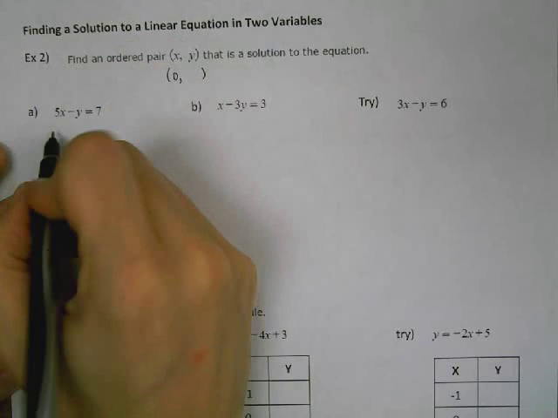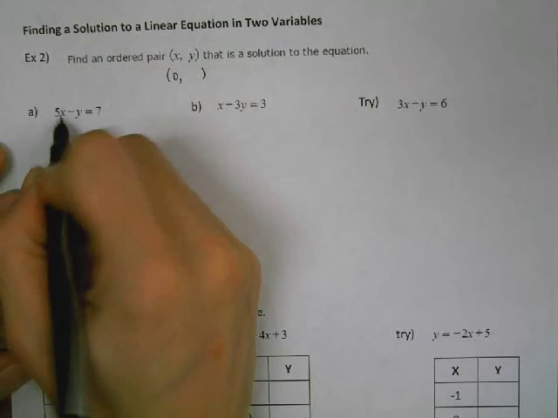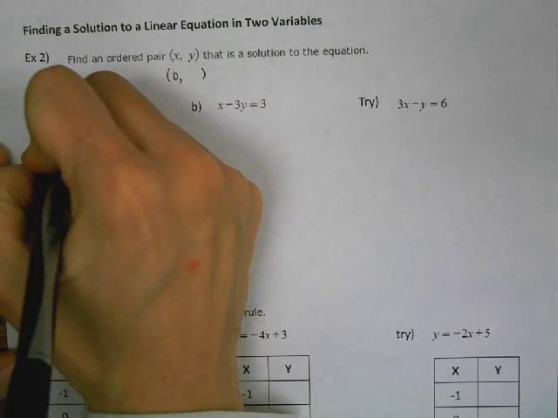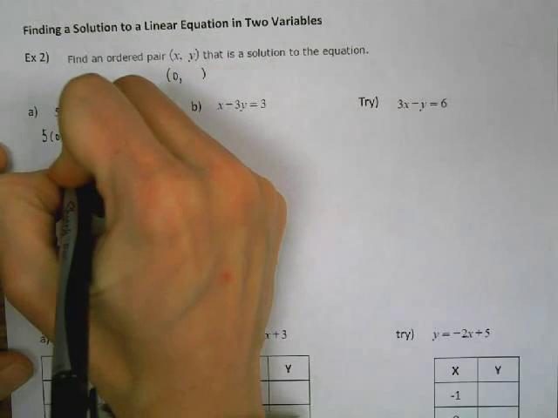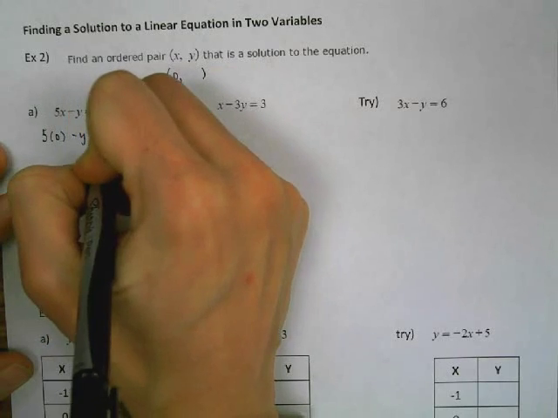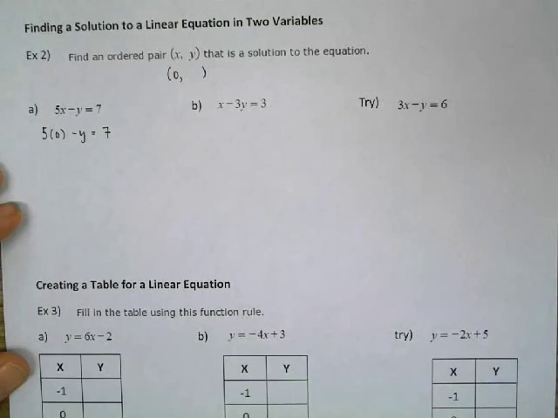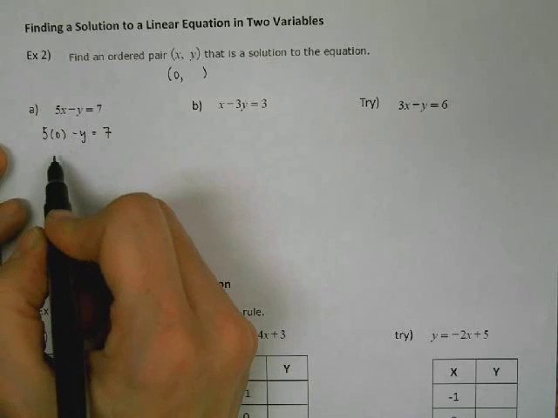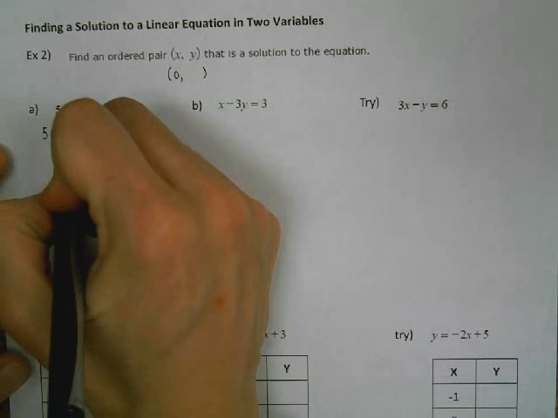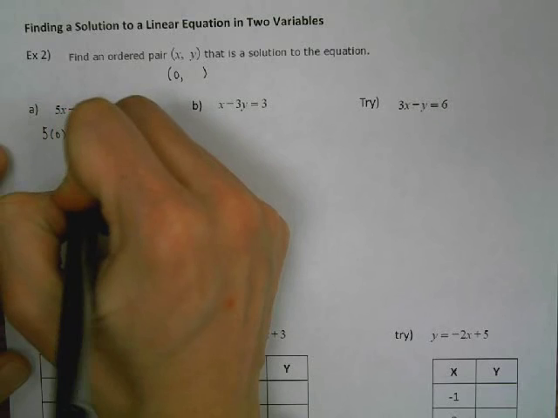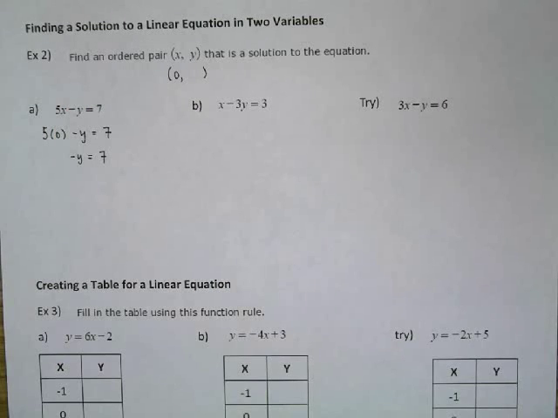So here's what I'm going to do. I know I want my x value to be 0. So I'm going to do 5 times 0 minus y equals 7. And then I'm going to simplify that. I know 5 times 0 is just 0. So what I have left is -y is equal to 7.